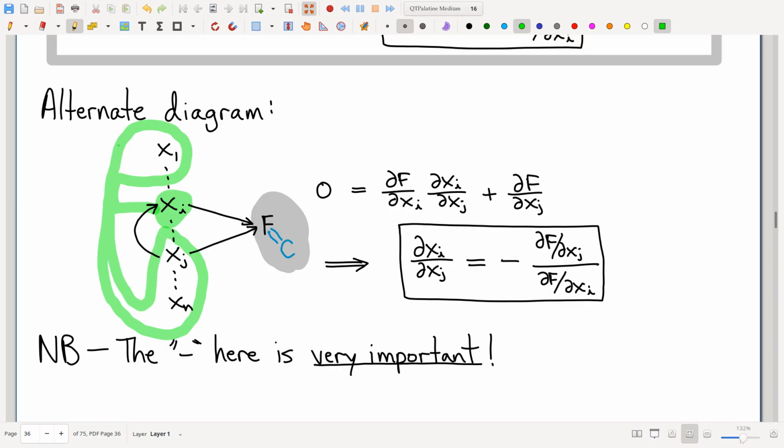Because as soon as you say f equals a constant, that describes your surface or your curve, and then it's on that surface or curve that you can view xi as being a function of the others.